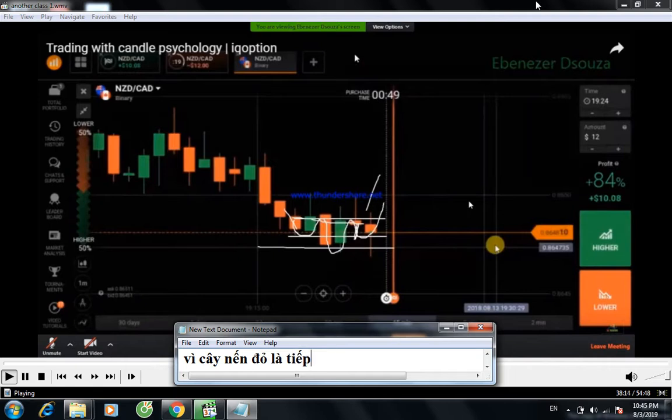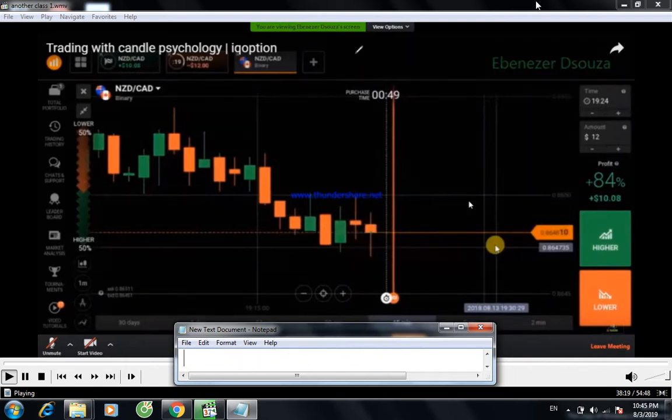So no need to draw any lines. If you have some knowledge about these patterns and these lines, if you have some good experience, you can identify this pattern and this trend by your experience.